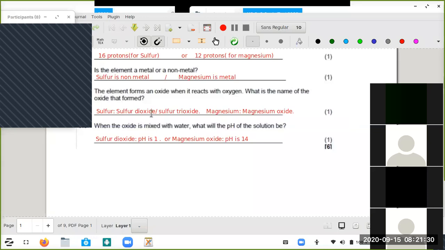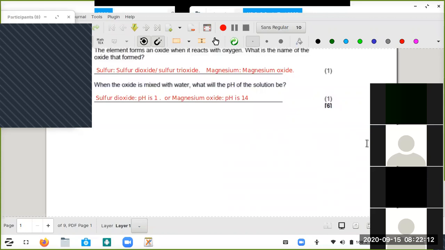And I said there is also a compound known as sulfur trioxide, formed when oxygen reacts with sulfur. So we've got two types of compounds that can be formed, especially with sulfur. Then if your answer to 9.1 was magnesium, then magnesium plus oxygen forms magnesium oxide. So any of those compounds is correct, and like I said earlier, it depends on your answer to 9.1, right?